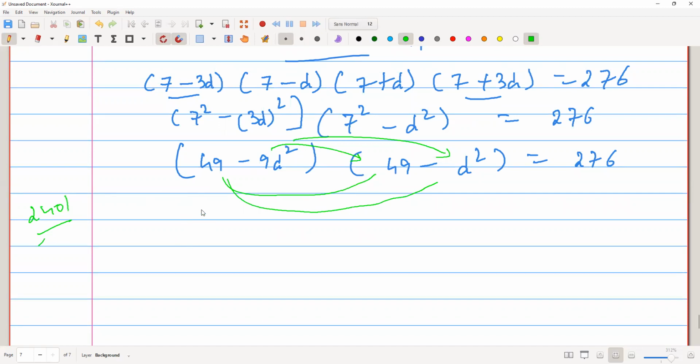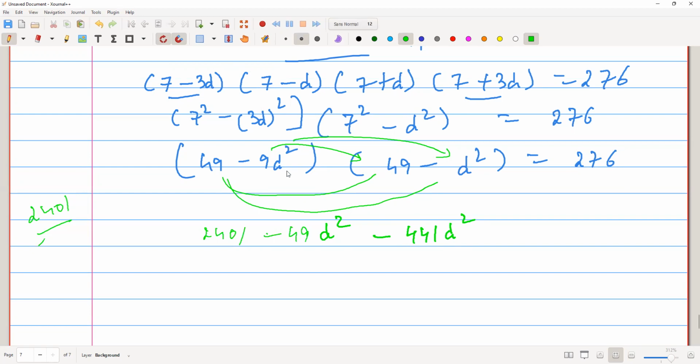Don't worry. 49 into 49 is 2401. Then minus 49 d square. Minus into plus, minus 9 into 49. 9 into 49 is 441 d square.